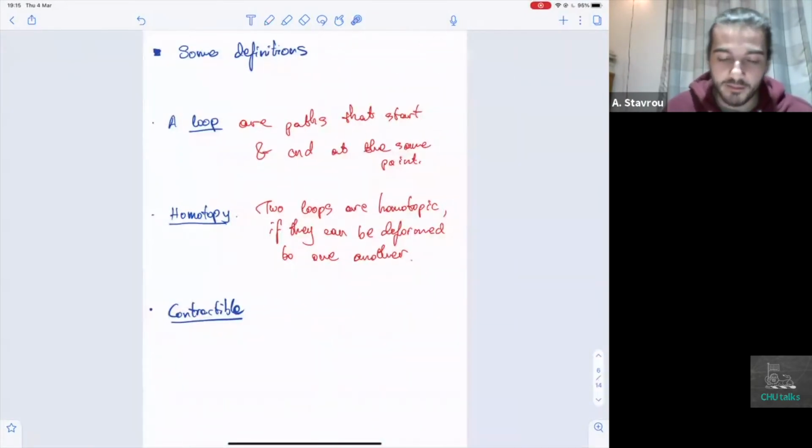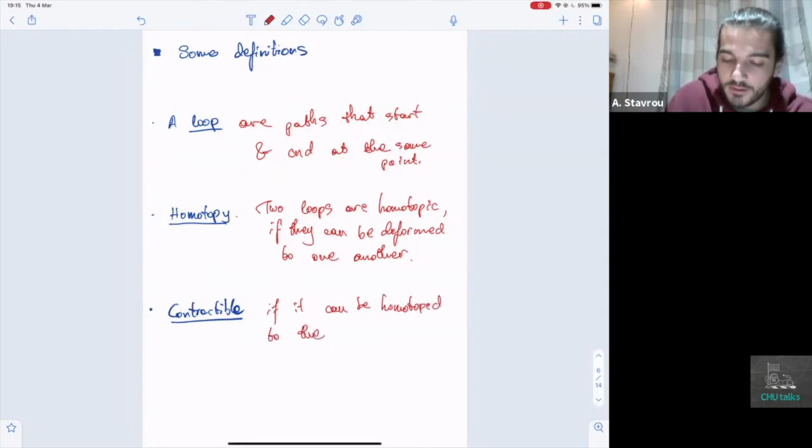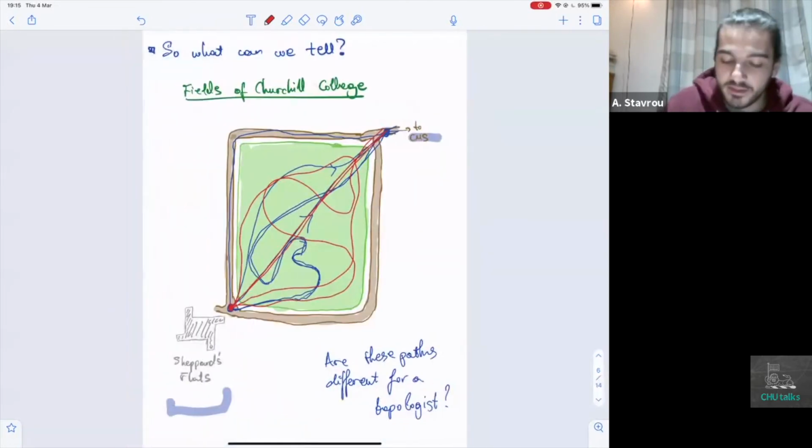And a path will be contractible if it can be homotoped to the standstill path. This is just the path where you spend your whole time here, and you never ever leave that point.